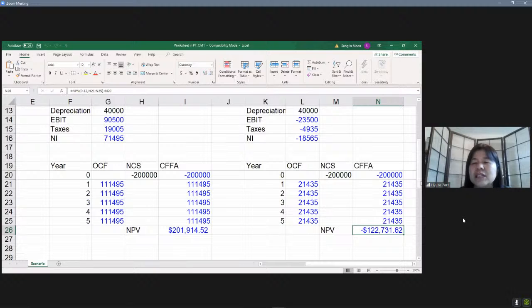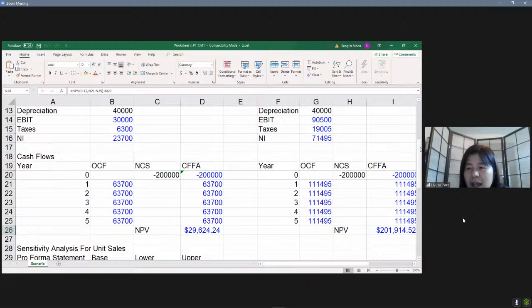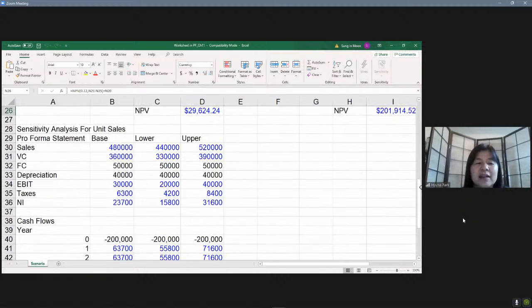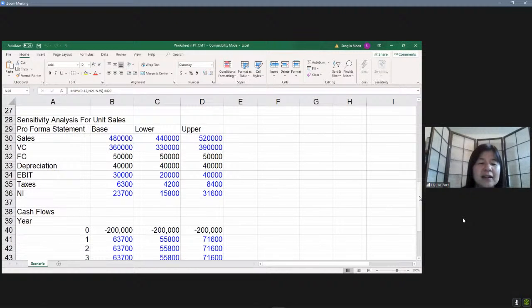So we finished the scenario analysis, the numerical example so far. Any questions? And this Excel file has another explanation on the sensitivity analysis. When you look at the very bottom of this Excel file, it also shows how to do a sensitivity analysis for this numerical example.